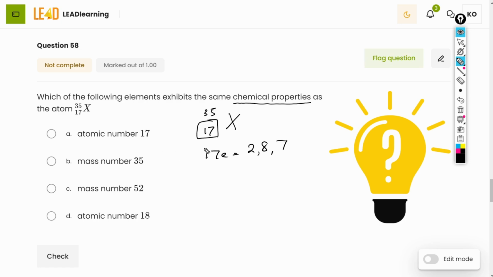So we also need to look for another atom or an option here that has the same proton number of 17, which would give us the same number of electrons, which would also give us the same electronic configuration. So the option here with the same number of protons, which is atomic number, which will now give us the same number of electrons, is the option A.